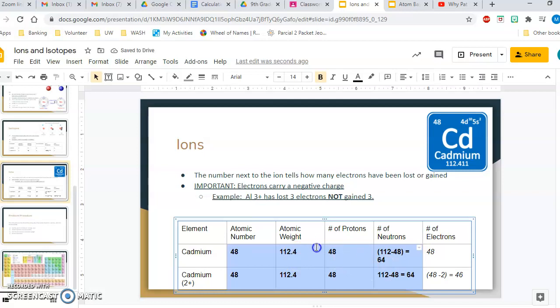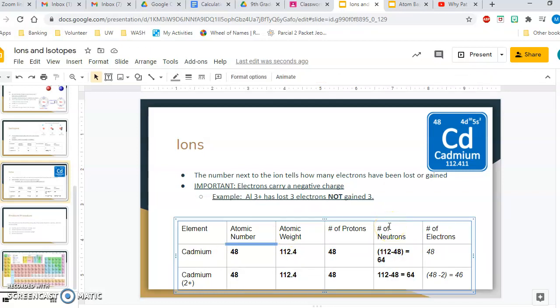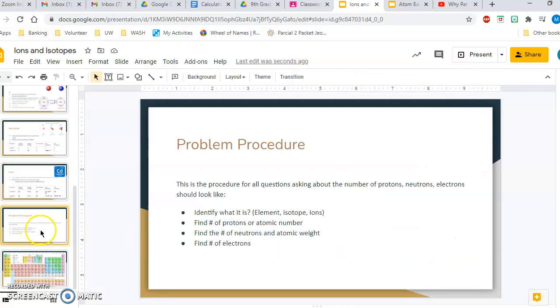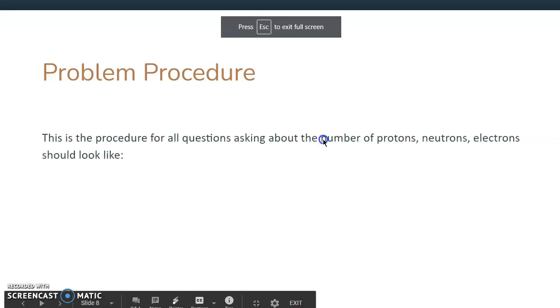And we've been practicing how to find all these quantities in a normal element. So for our cadmium ion, the only thing that changes is the number of electrons.